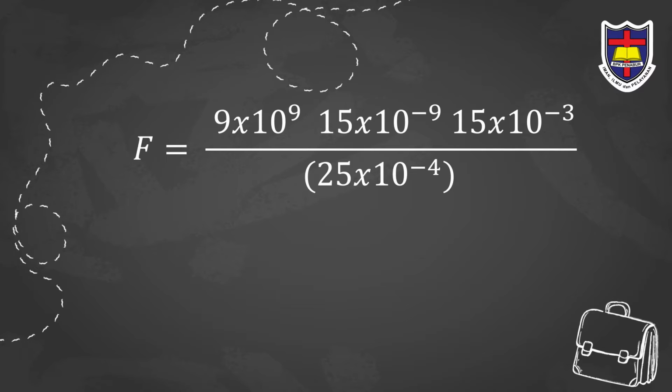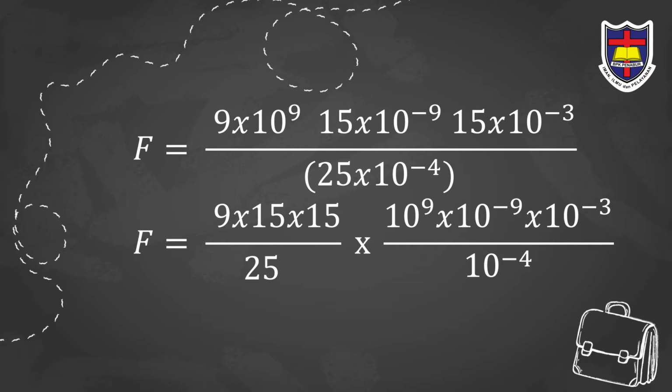So how can we solve it? The first thing we must do, we can see that 5 times 10 to the power of negative 2 squared, we can change it into 25 times 10 to the power of negative 4. We can use the exponent operation in here. So what I am going to do is separate the numbers.